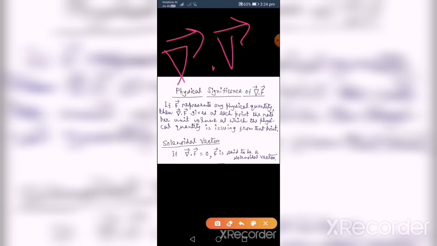So the divergence of v, del dot v, represents the rate of loss of the fluid per unit volume at that point.